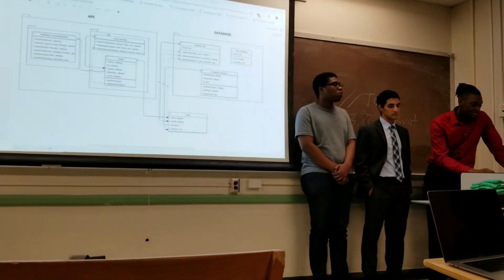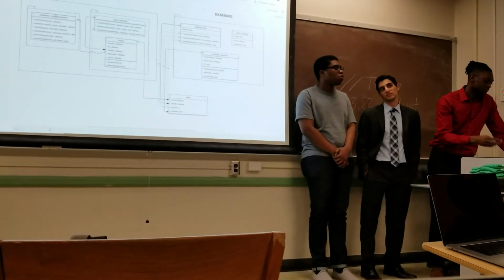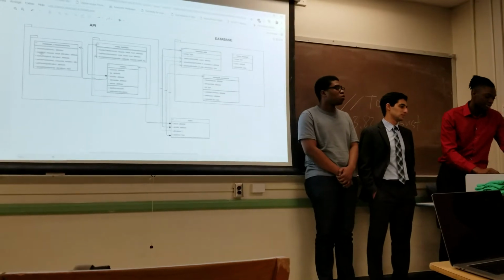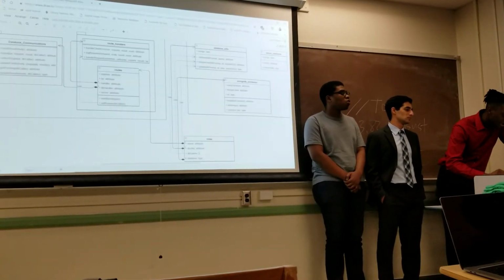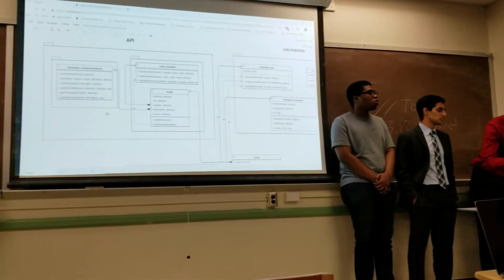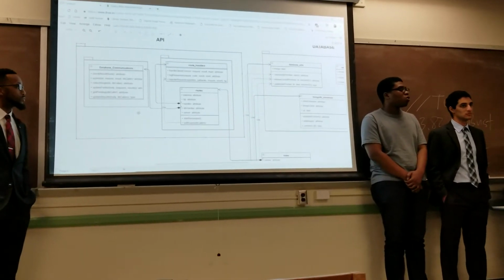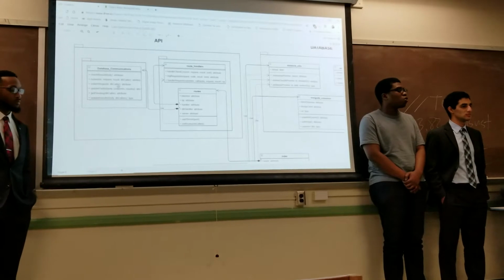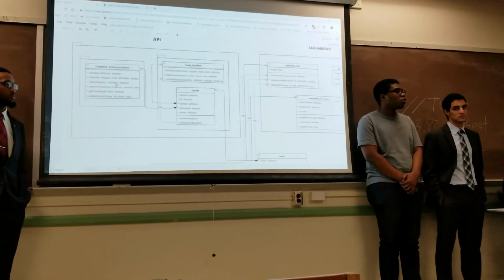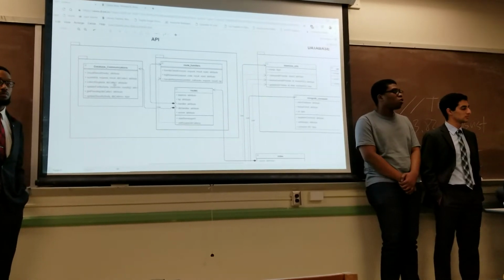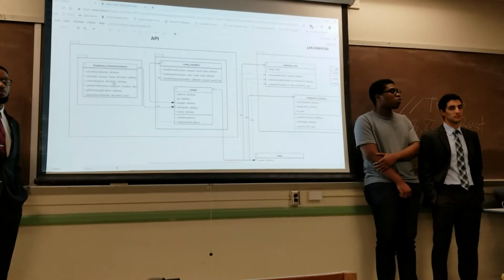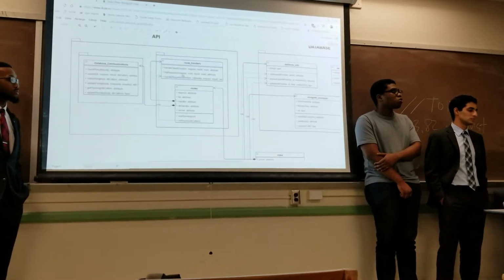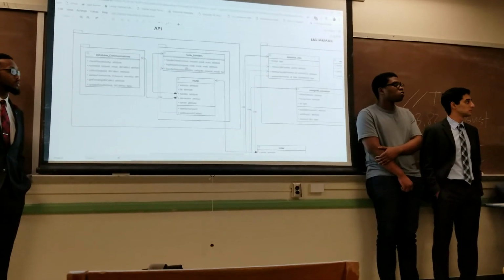This is our API package over here, which goes in depth into all of the functions that we have used. In database communications, we have things like submit, collect, update. This is basically how the API interacts with our database, which is MongoDB. I believe that's all we really have to present.